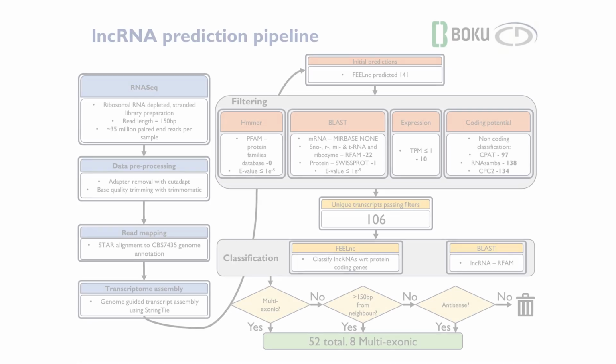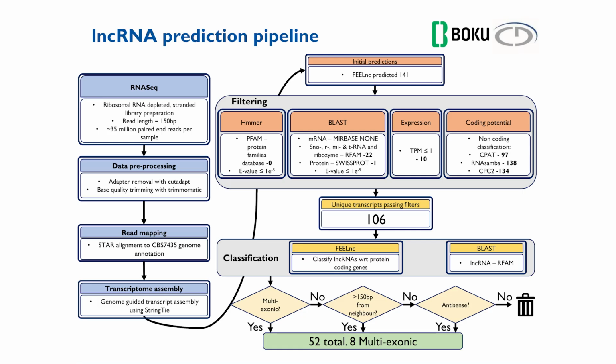I implemented a long non-coding RNA prediction pipeline, which is basically built up of taking the reads, mapping to the genome, and comparing this assembled transcriptome to the reference genome, at which point we can identify that there are 141 potential long non-coding RNAs.